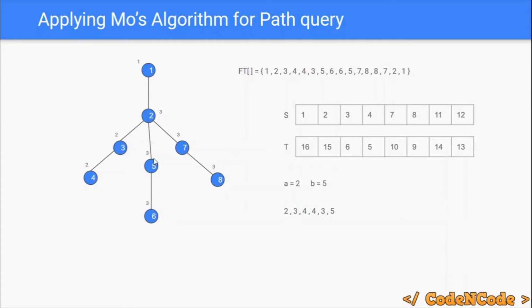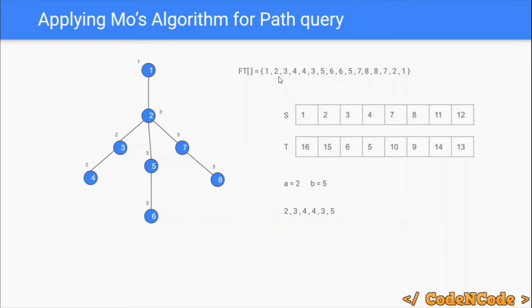We see the destination node lies in this subtree, but we entered here before entering this subtree. So what would happen? Since we have entered this subtree, we must leave before entering the destination subtree, right? Since you entered and you must leave as well, all of the nodes which do not lie on the path from source to destination would appear exactly two times, once when you enter here and a second time when you leave it.